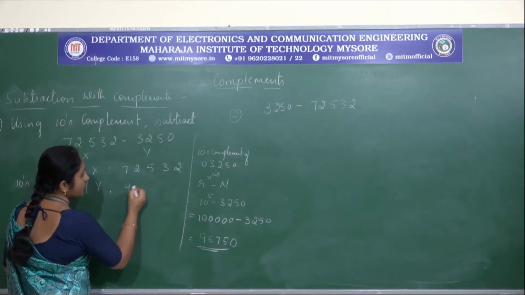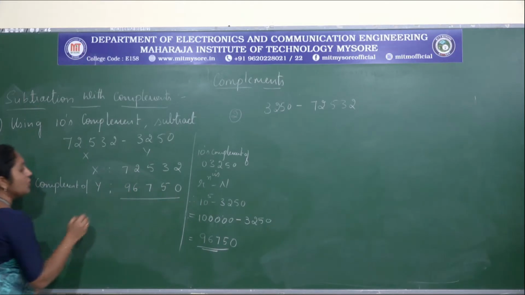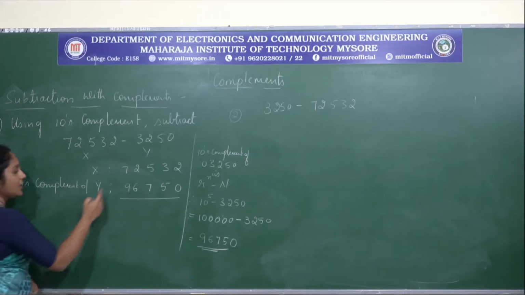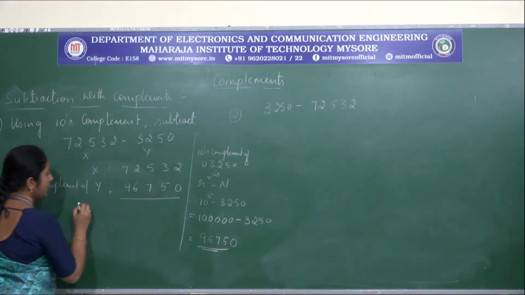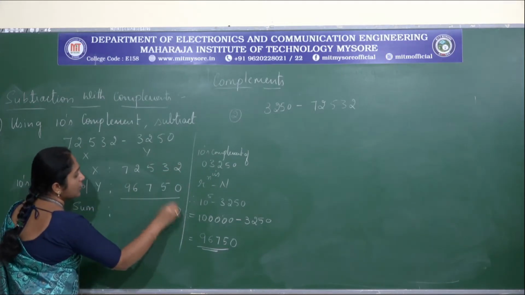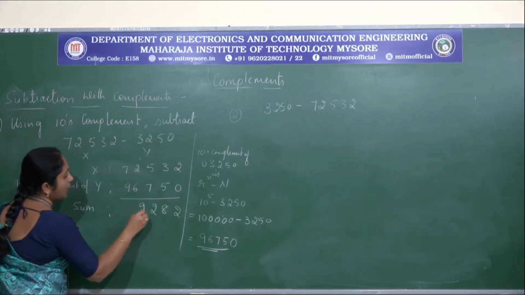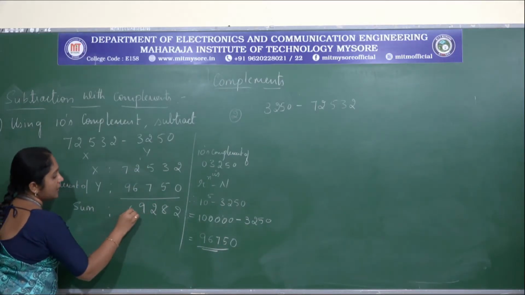So 96,750. You need to add these two. So the addition will result in, sum: 2, 8, 12, 9, 16.